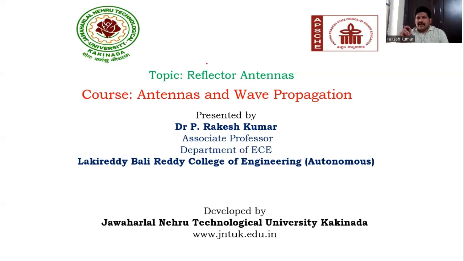In a reflector antenna, another antenna is required to excite it. The antenna used to excite the reflector is called the primary antenna. Examples of primary antennas are a horn antenna, a slot antenna, a dipole antenna, or an array of dipoles.